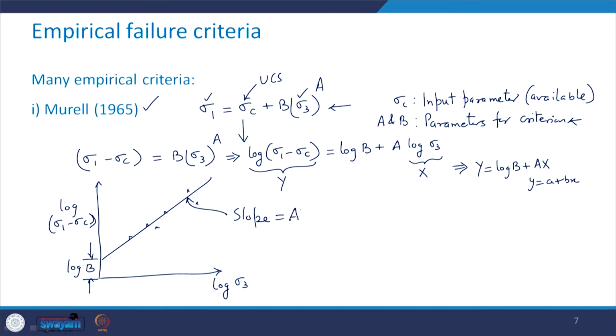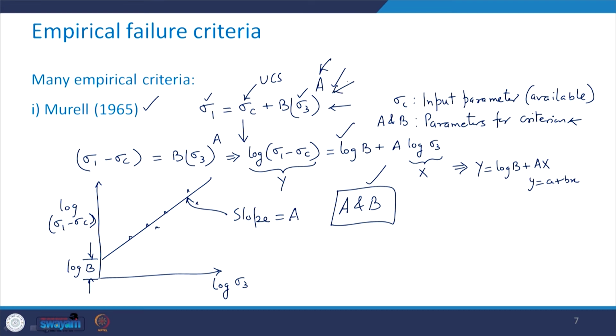So, by converting this nonlinear equation into a straight line in this fashion, we could get the parameters a and b. Once I know these parameters, I can substitute them here and get the failure criterion for this data.